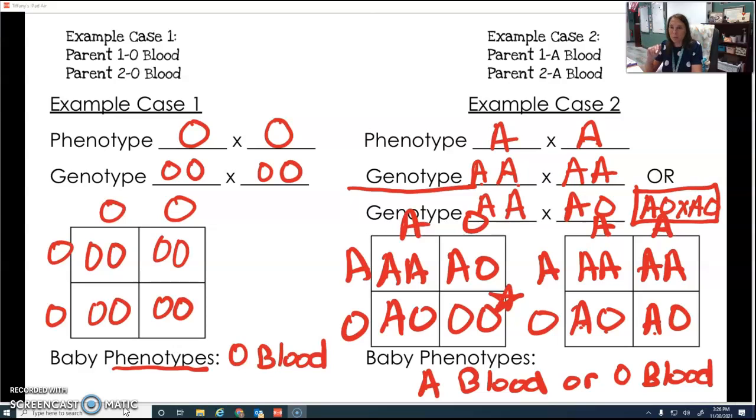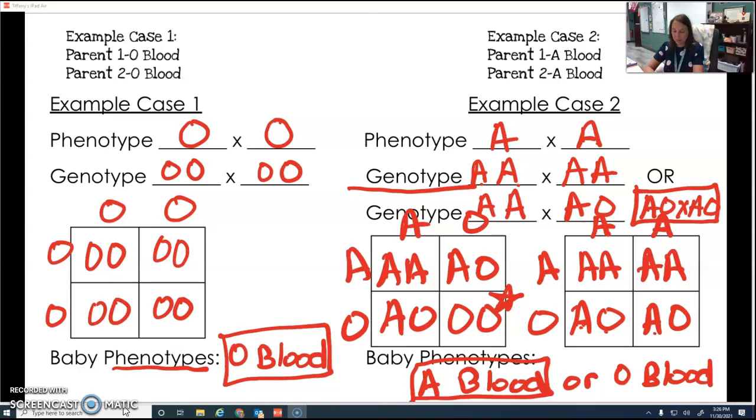So that could be a problem. But if this baby for sure had A blood and this baby for sure had O blood, then I would be able to say, oh, the only way to get A blood is from this parent that both had A blood, because A blood parents couldn't have a baby with O unless it's AO, right? So that wouldn't be a way of explaining it.